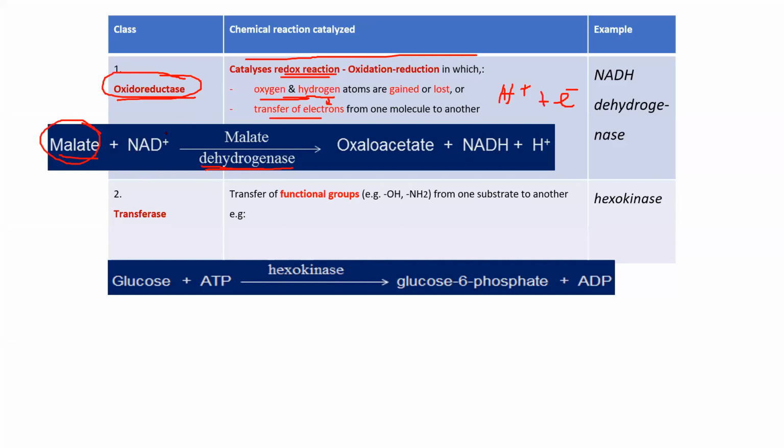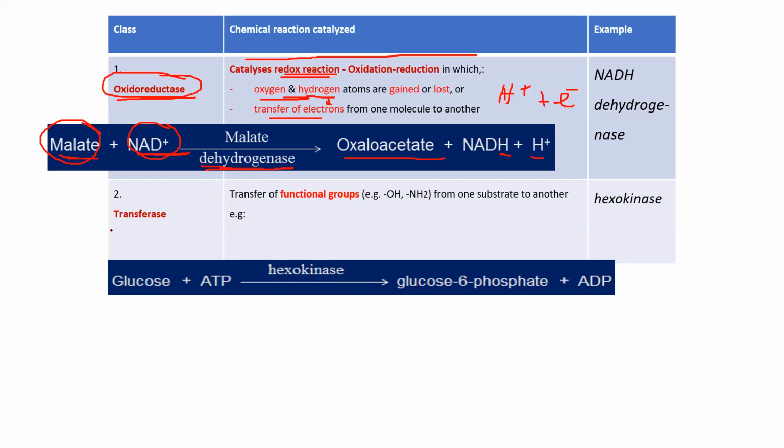Here is the malate, and here is the cofactor, the coenzyme NAD+. So the NAD+ will remove 2 hydrogen ions, or atoms, from the malate, and malate will convert into oxaloacetate. So NAD+ becomes NADH, and hydrogen ion is released into the surrounding. Another example is NADH dehydrogenase.